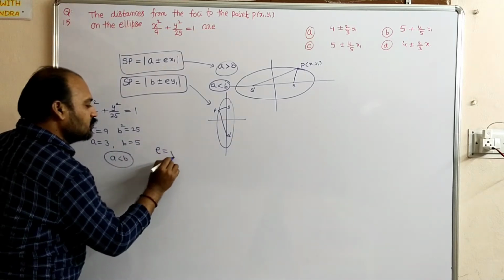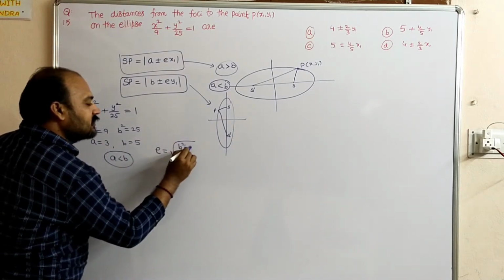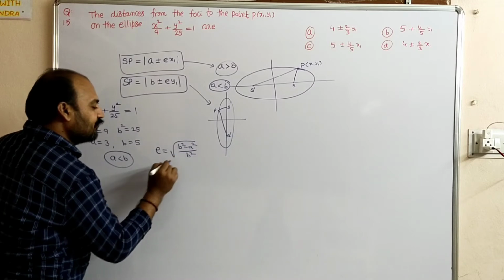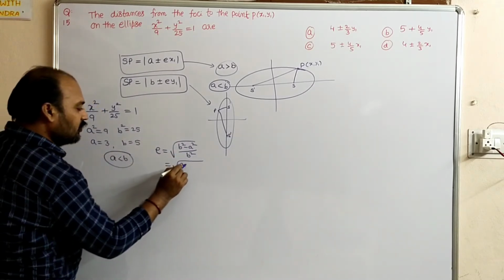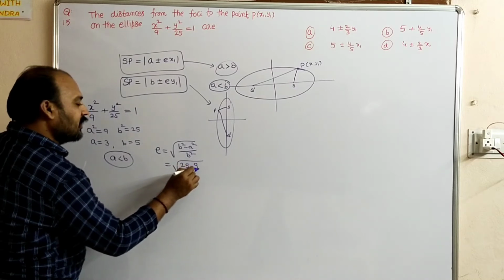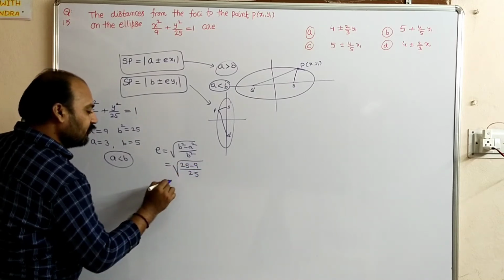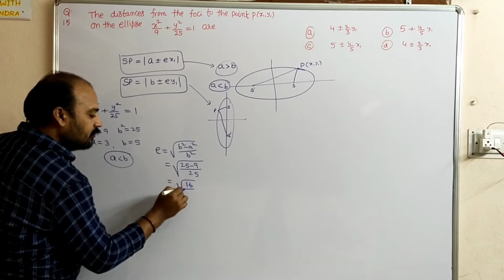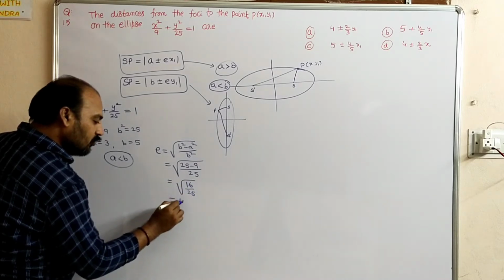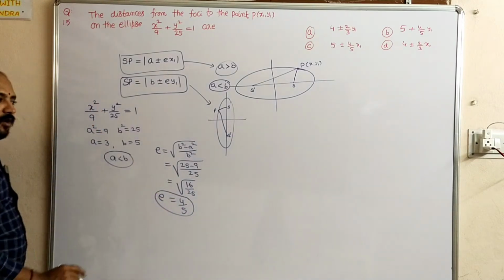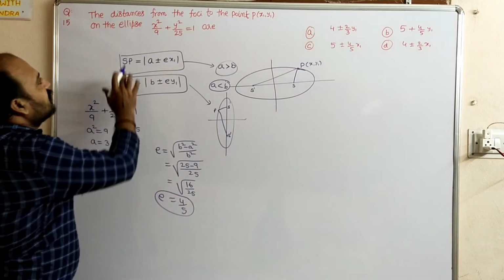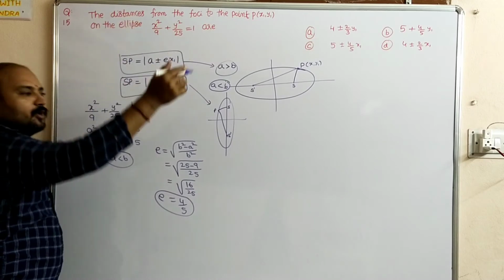So e equal to root of b square minus a square by b square, which is equal to square root of 25 minus 9 divided by 25. So root 16 divided by 25 equal to 4 by 5. This is the eccentricity.